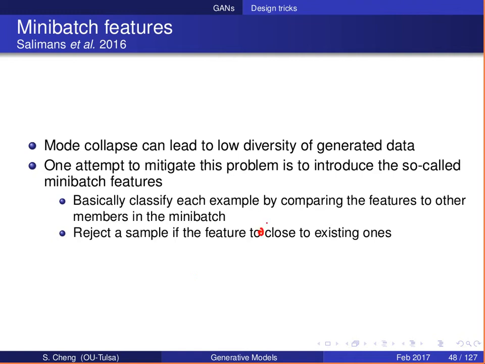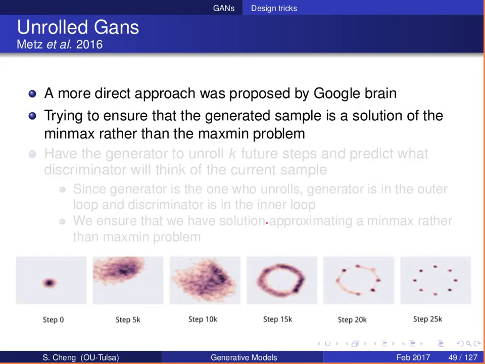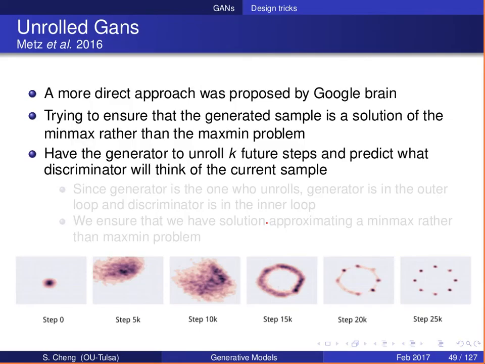Another workaround is by Google Brain. They try to make sure that it solves a min max rather than a max min problem. It's quite simple. Basically, you force the discriminator to be in the inner loop.